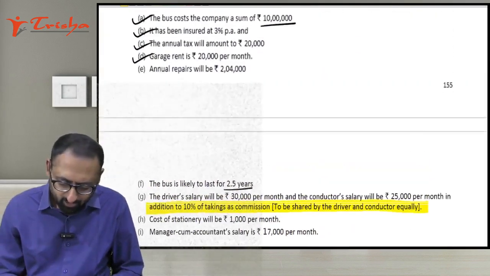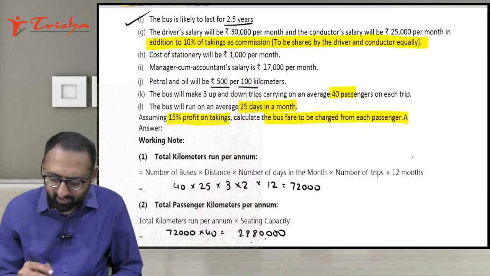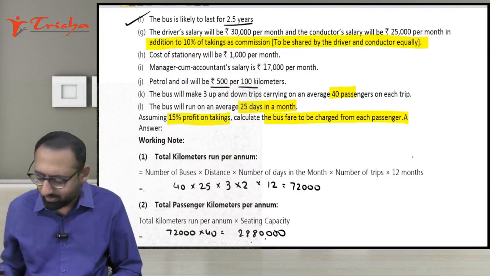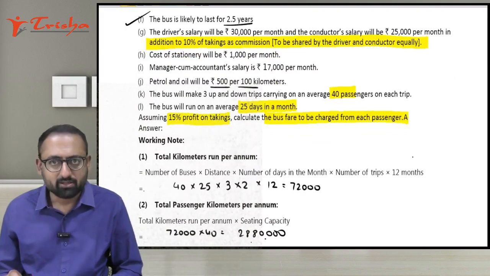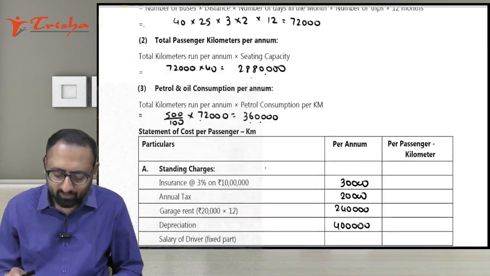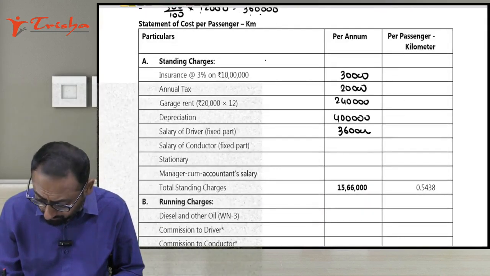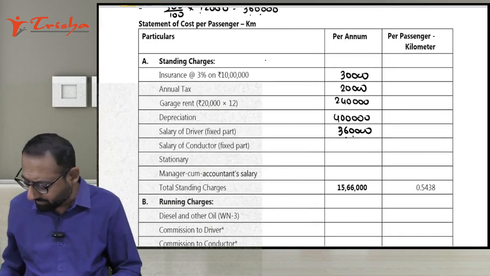Next one, repair cost is also considered. The bus is likely to last for 2.5 years. Driver salary is 30,000 per month and 25,000 per month. So 30,000, 3,60,000, fixed portion we will consider here. Then 25,000 multiplied by 12, 3 lakhs.